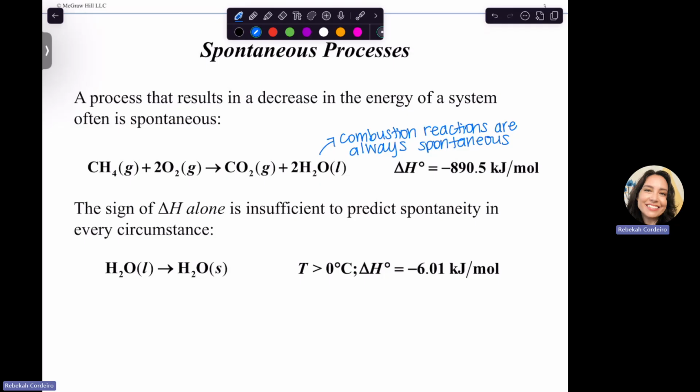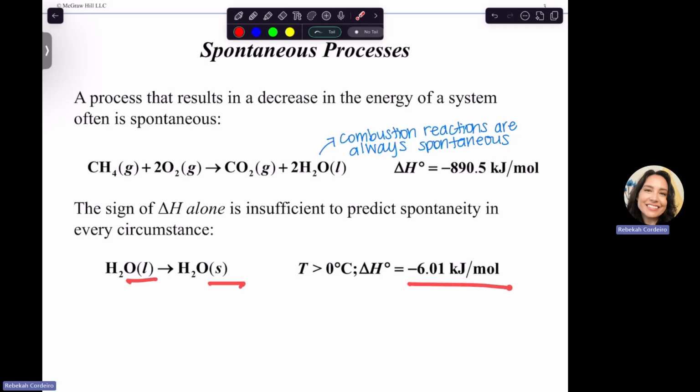However, the sign of delta H alone is insufficient to predict spontaneity in every circumstance, right? So in the combustion example, it's exothermic and it's always spontaneous, but it's not always spontaneous because it's exothermic, because here is an exothermic process, liquid turning into solid. That's exothermic. That is freezing.